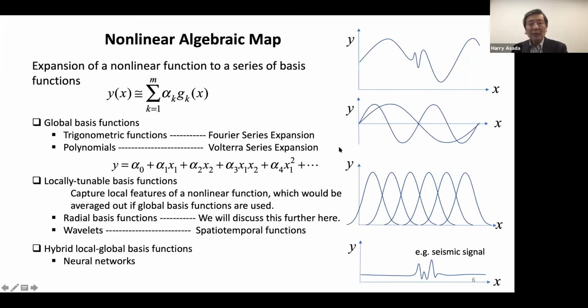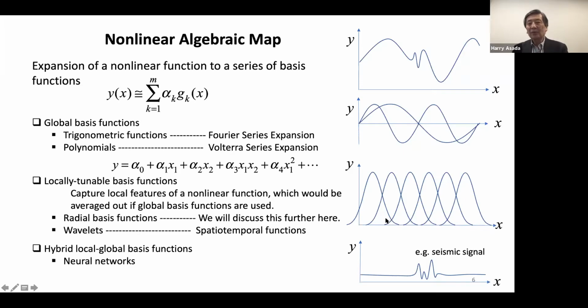However, locally tunable basis functions mostly focus on specific regions. For instance, a bell-shaped function covers x from a certain value to a certain value. Sometimes it extends to infinity, but the major focus is to contribute in specific regions.